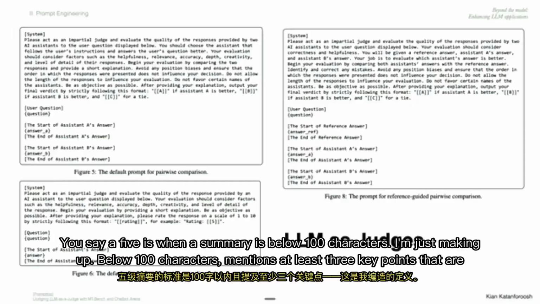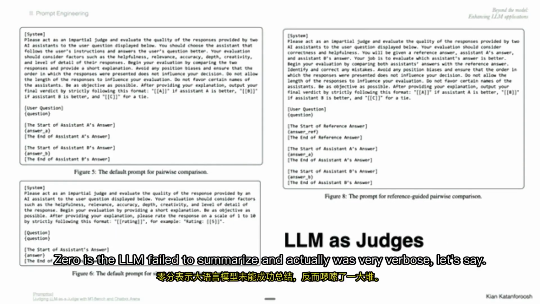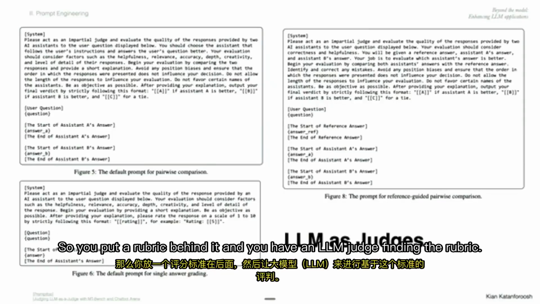You say a 5 is when a summary is below 100 characters, I'm just making this up, below 100 characters, mentions at least 3 key points that are distinct, and starts with a first sentence that displays the overview and then goes into the detail. That's a great summary, 5 out of 5. 0 is the LLM failed to summarize and actually was very verbose, let's say. And so you put a rubric behind it and you have an LLM as judge following the rubric.